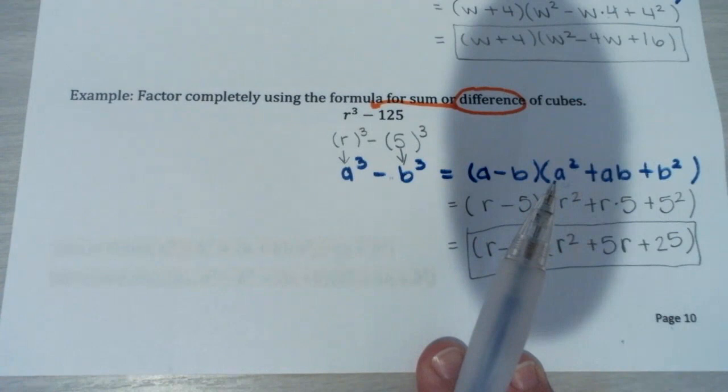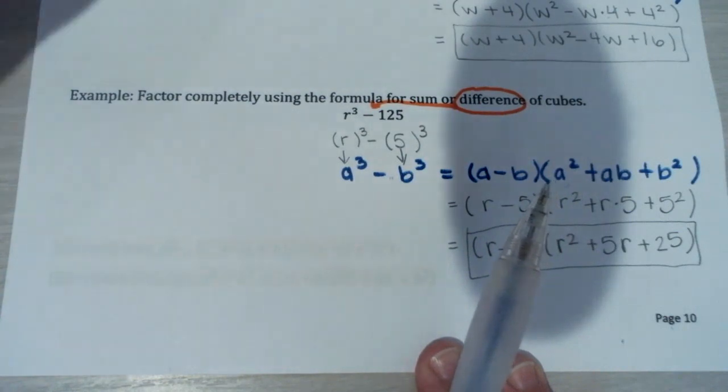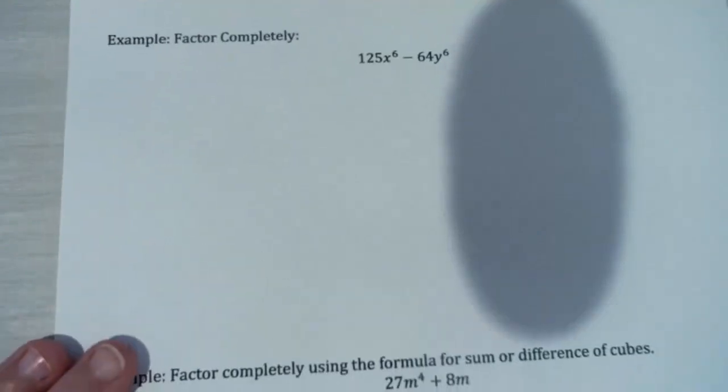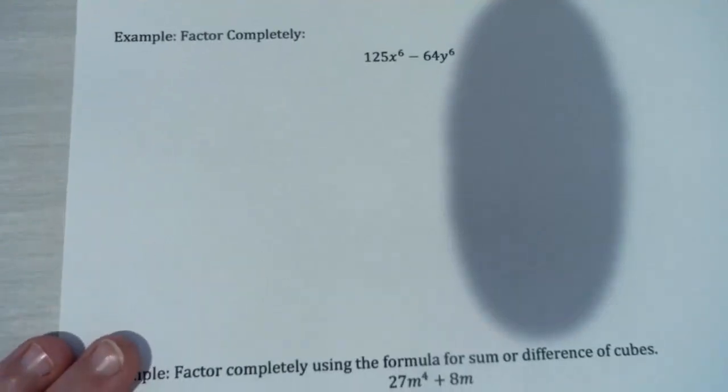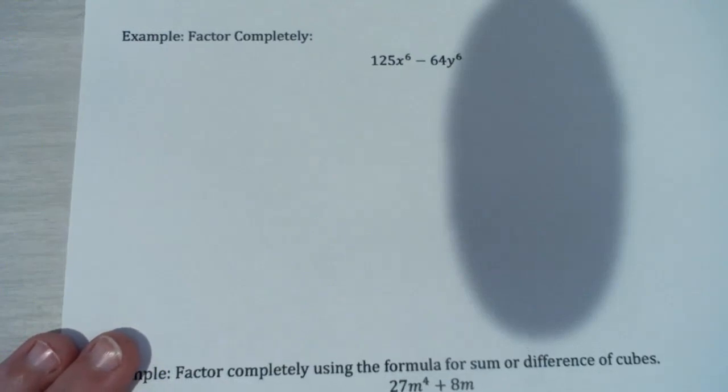All right, so I think this is, yep, the last page for this section. Factor completely, 125x to the 6th minus 64y to the 6th. Our first step in factoring every single time is GCF.